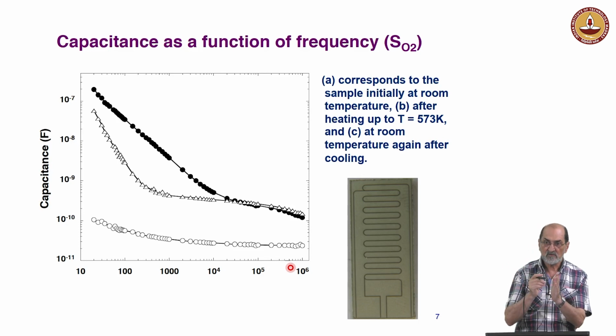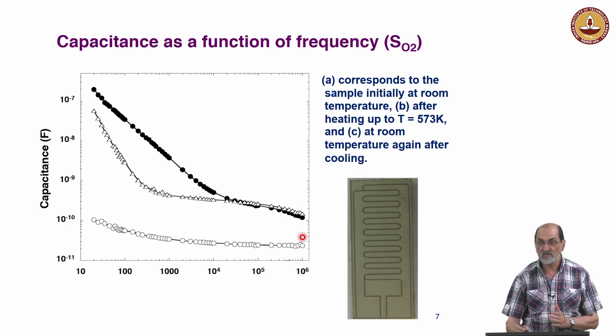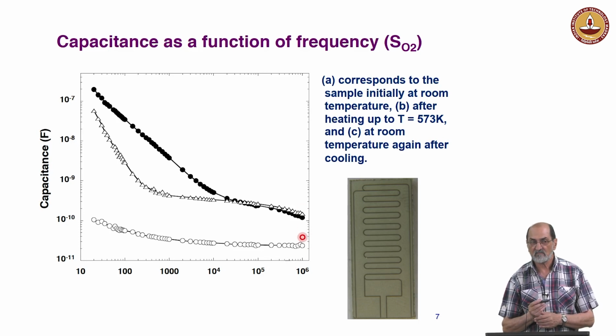But if we have indiffusion of oxygen, the width of depletion is wider, so it's similar to a capacitance with plates which are farther away from each other, and the capacitance decreases. This is what we observe here. The capacitance changes after the thermal treatment.